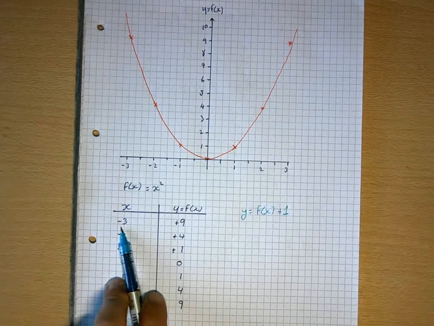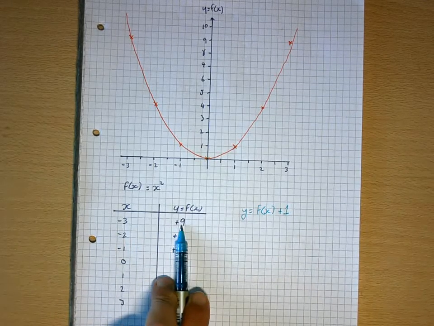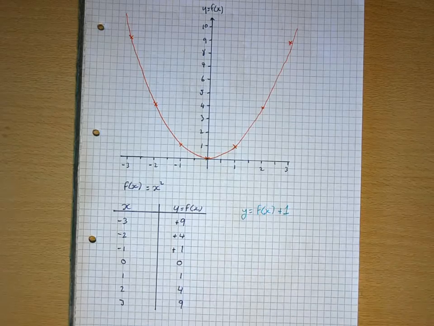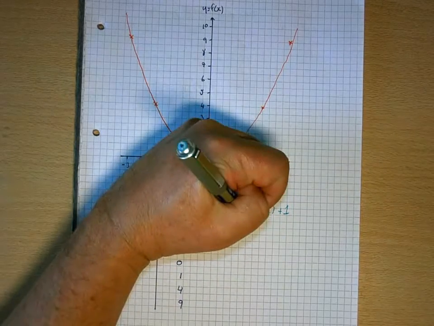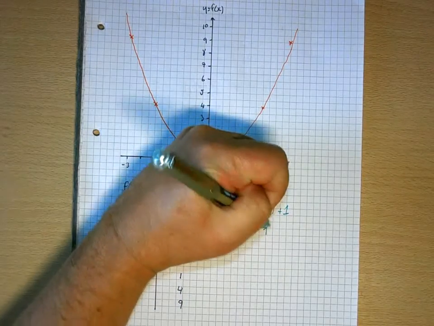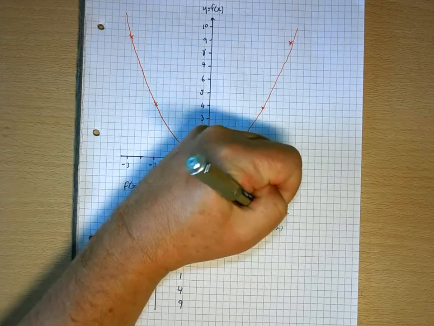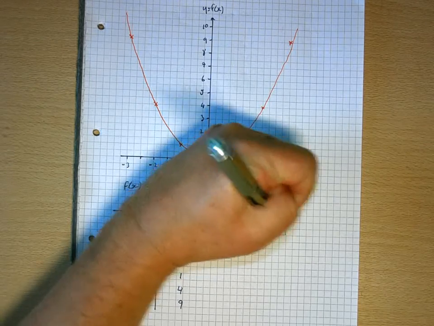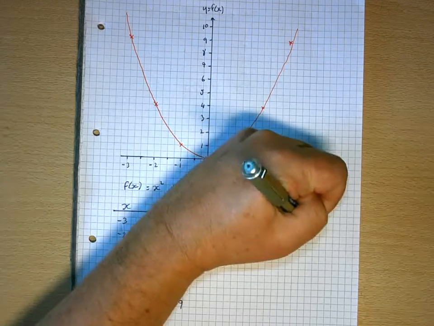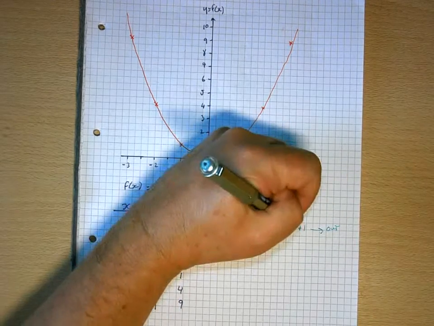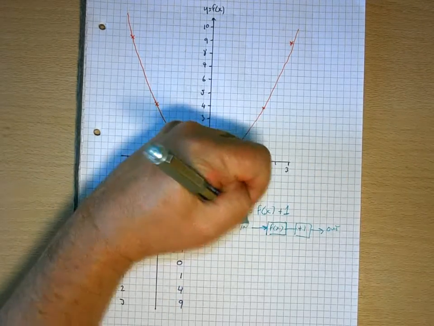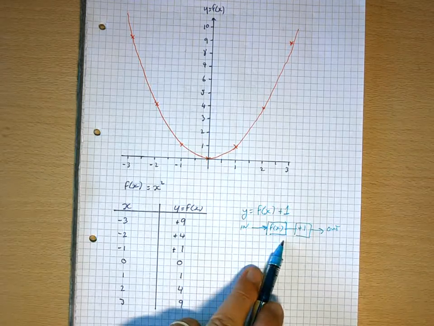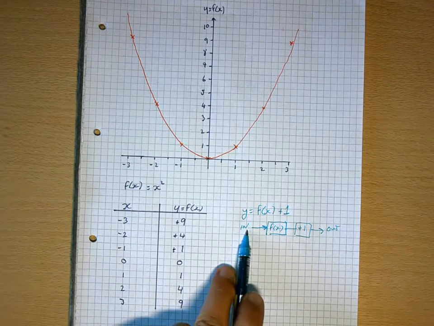So if x is -3, the output is 9, and you are then going to add 1 to it. So basically that's a machine which is doing this. It's bolting this extra little bit onto your machine.